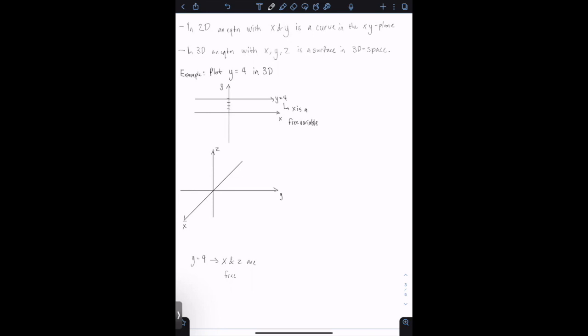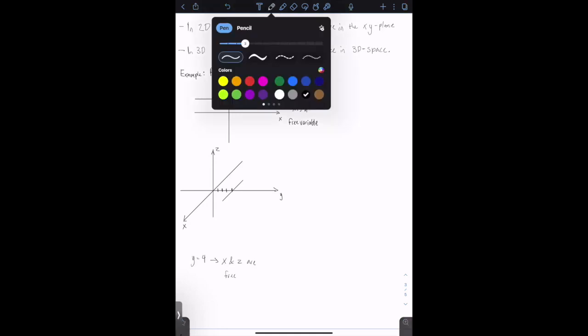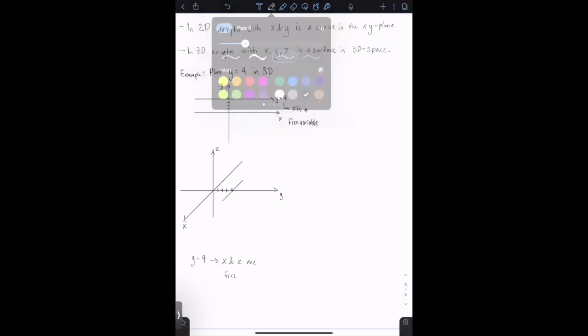So x can be any number. This line goes from x equals negative infinity all the way until x equals positive infinity. And in 3D, let's think about what y equals 4 looks like. In 3D, we're going to have that same line in the XY plane, but we also have an extra dimension, the Z dimension.